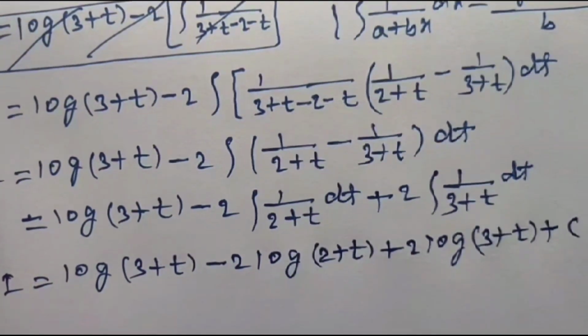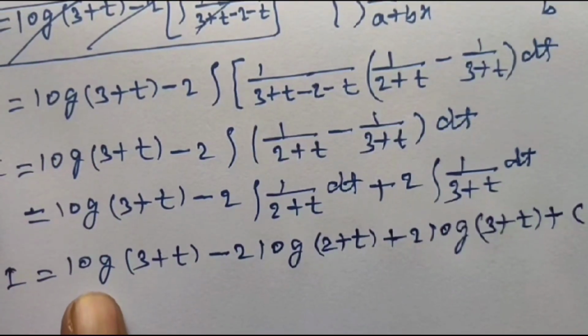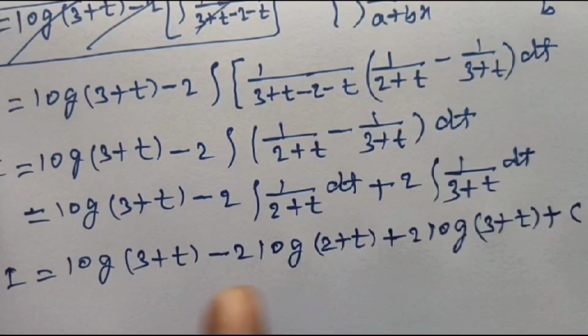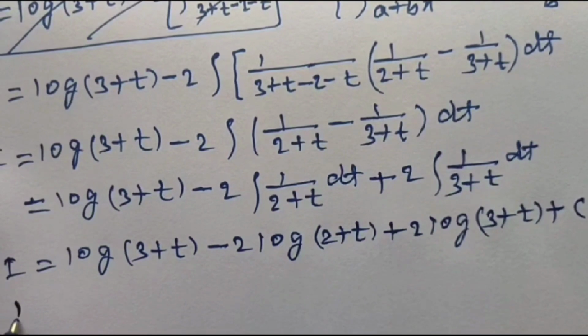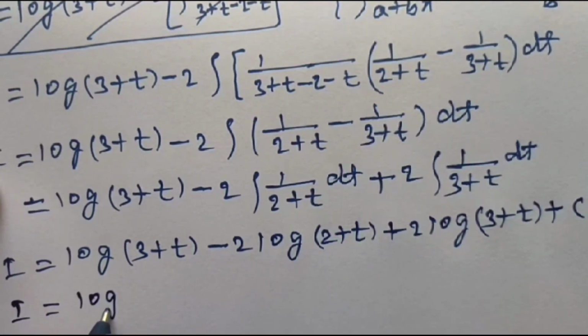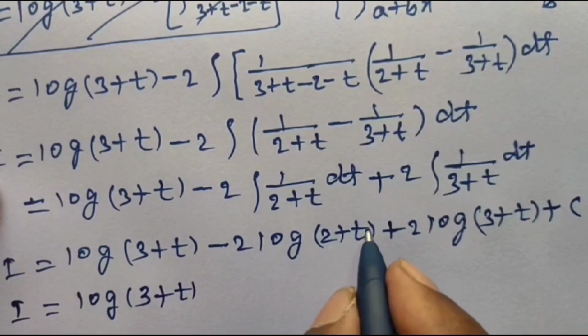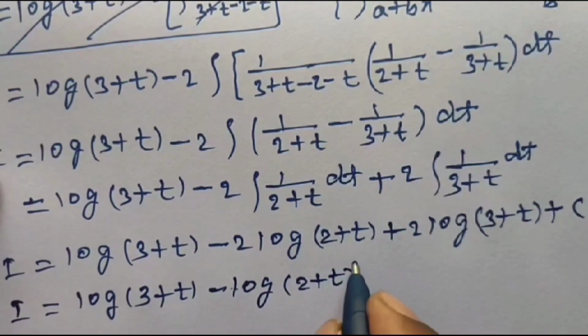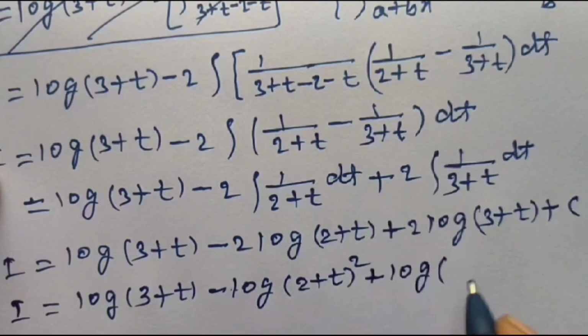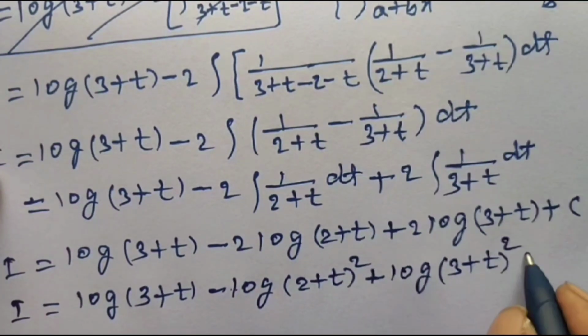integral constant c. If you want, you can apply the property of logarithm and collect all these logarithms. Simplifying this, we can write I is equal to logarithm of (3 plus t), this coefficient becomes the power of this, minus logarithm of (2 plus t) squared plus logarithm of (3 plus t) squared plus c.